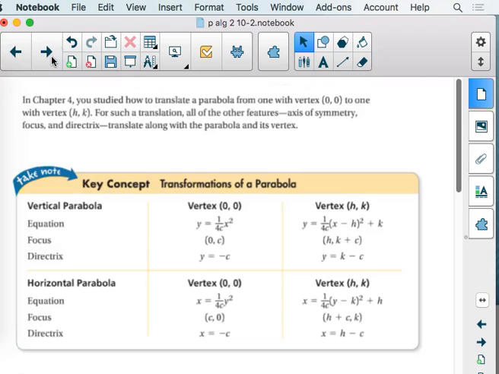Well, it's got to get a little harder than that, right? Here's the deal. If we translate these, we're going to deal with some H and K business. You studied how to translate a parabola from one with vertex 0, 0 to one with vertex H, K. We did that earlier this year. For such a translation, all the other features, axis of symmetry, focus, and directrix, translate along with the parabola and its vertex. So what happens?